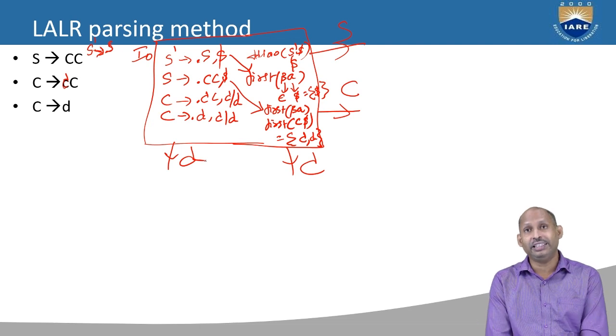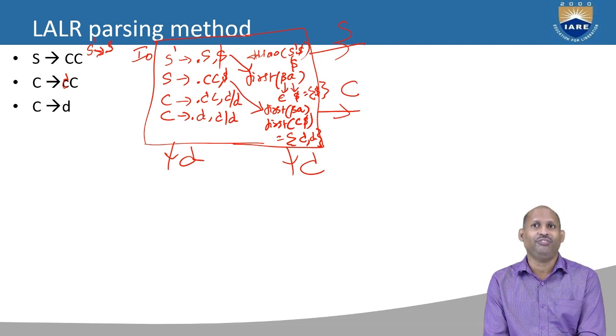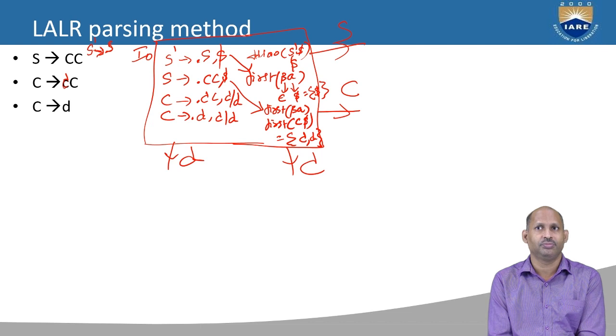So in this I0 group, the dot is followed by 4 symbols: capital S, capital C, small c, small d. So there will be goto operations on these 4 symbols.